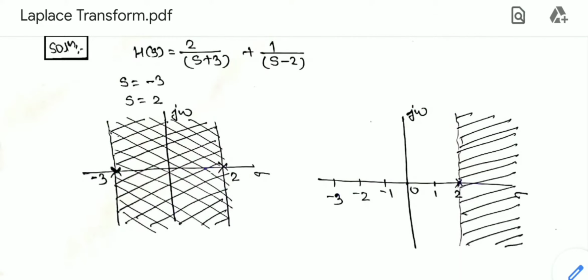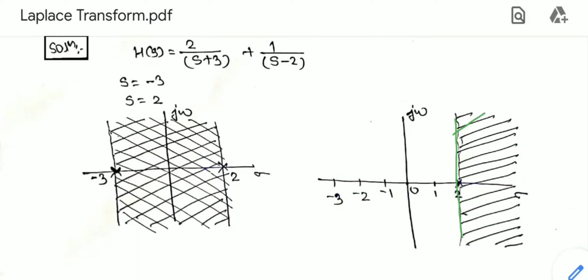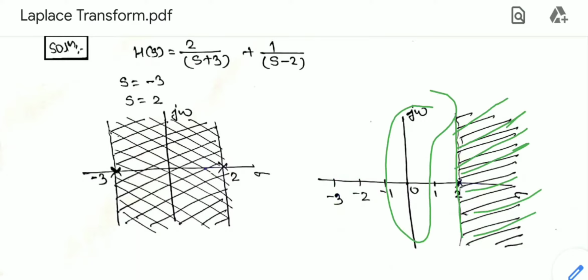And if the other possibility is right-sided, then it also contains the next pole 2 in the ROC. This is not possible. Then only one section is possible, greater than 2, but it does not include the imaginary axis, therefore it is also not a stable system.